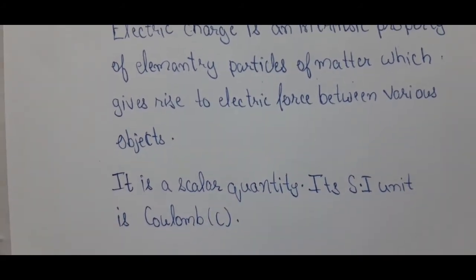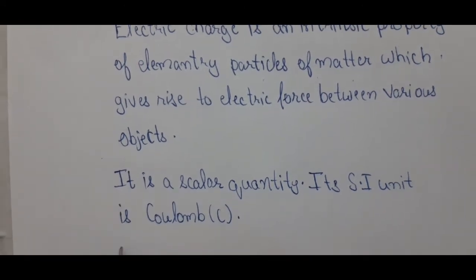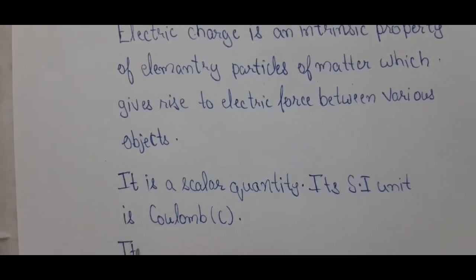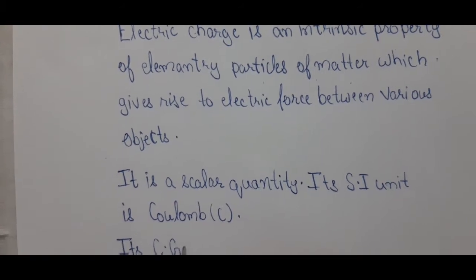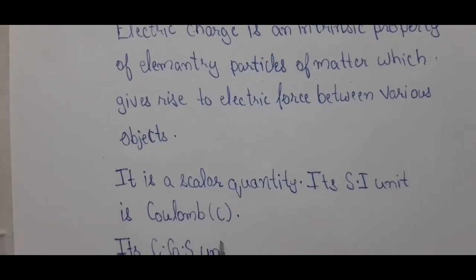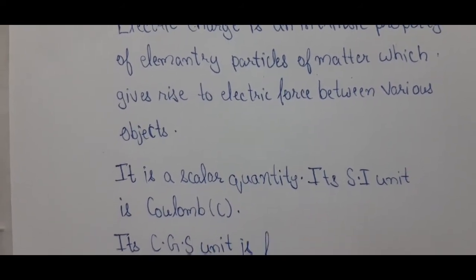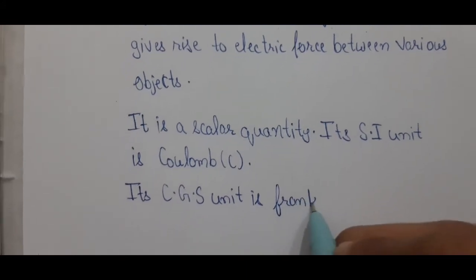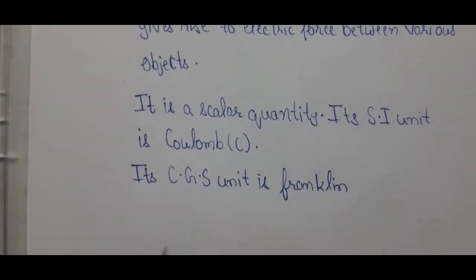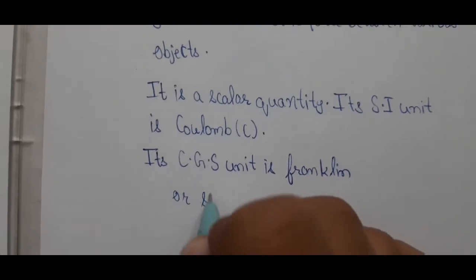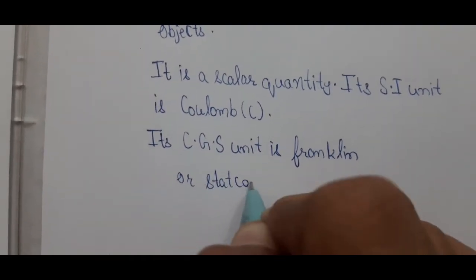which is denoted by capital C, and its CGS unit is Franklin, which is also known as stat coulomb.